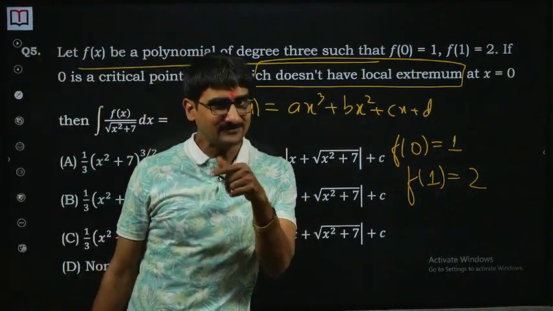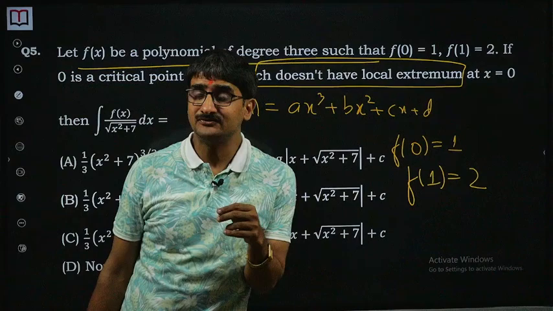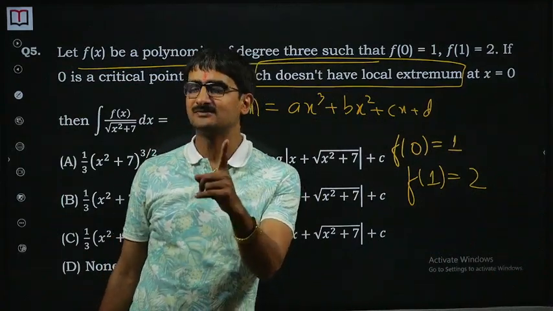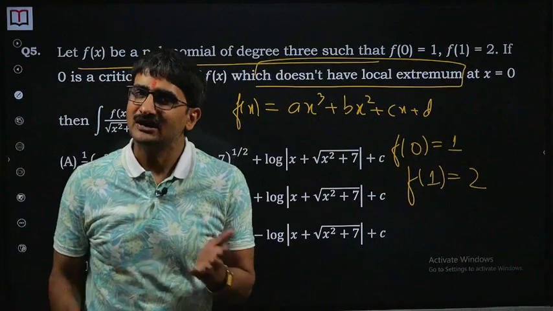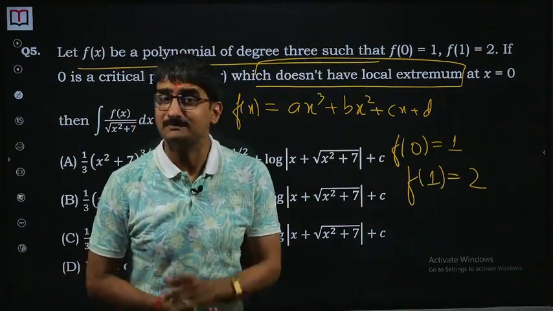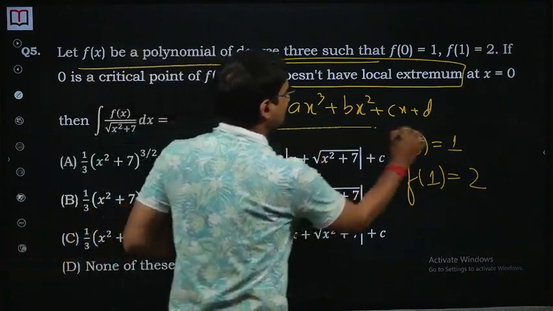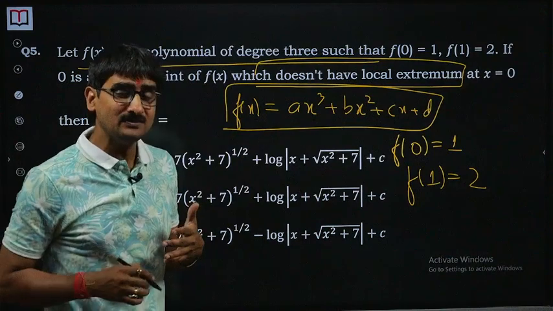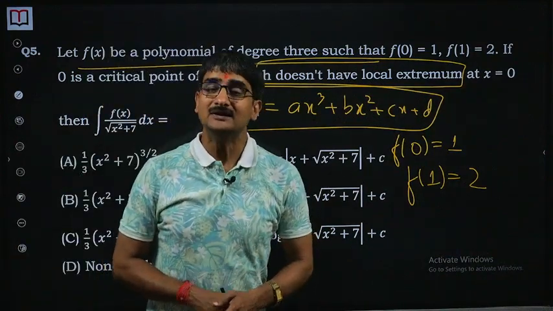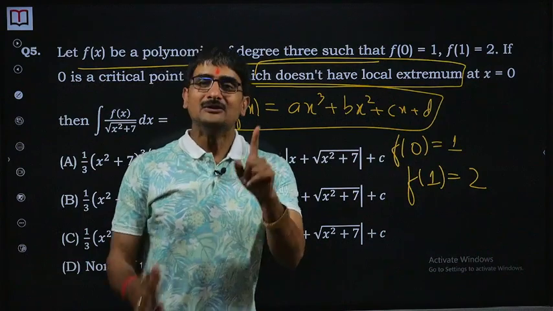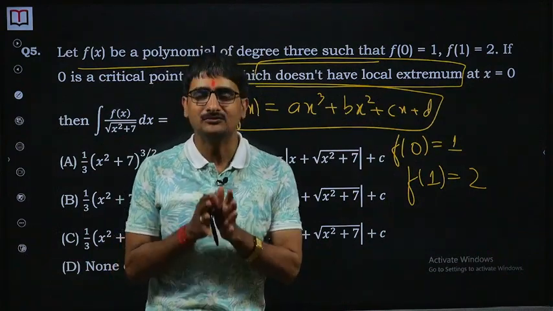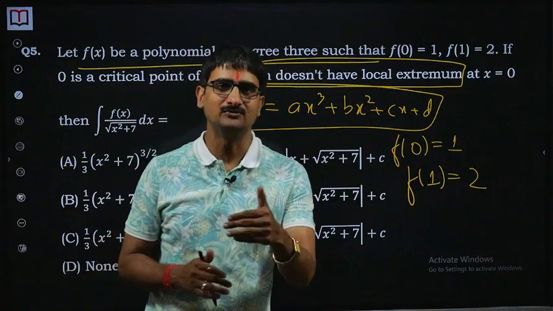Critical point means f dash 0 is 0, that means x is equal to 0 is a root of f dash x is equal to 0, isn't that? But it's not a local extrema. And see, it's a third degree polynomial, its derivative will be a second degree polynomial, a second degree polynomial whose one factor is x, because one root is 0.